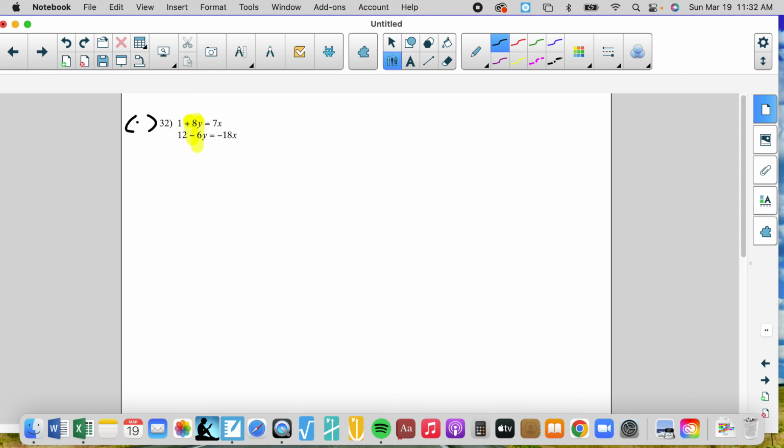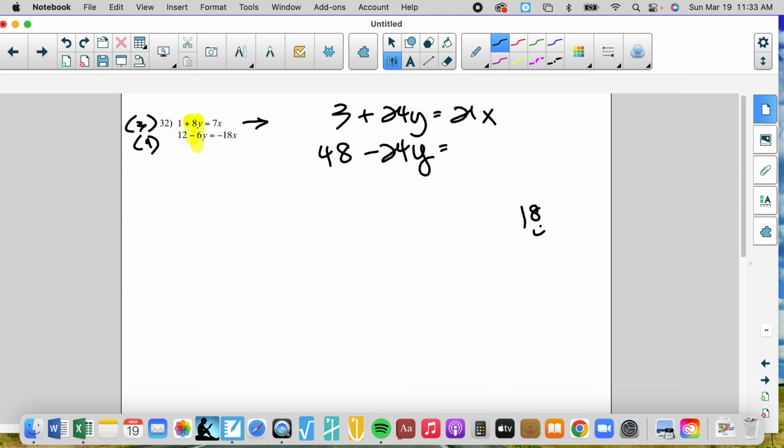So if I multiply 8 times 3, that gives me 24. If I multiply negative 6 times 4, that gives me negative 24. So 3 times 1 is 3. 3 times 8y is 24y. 3 times 7x is 21x. 4 times 12 is 48. 4 times negative 6 is negative 24y. 4 times negative 18 is negative 72x.